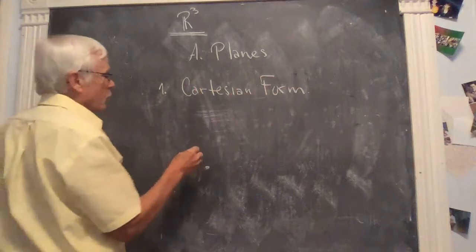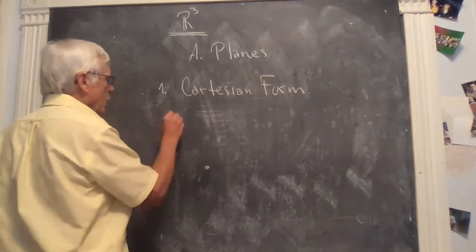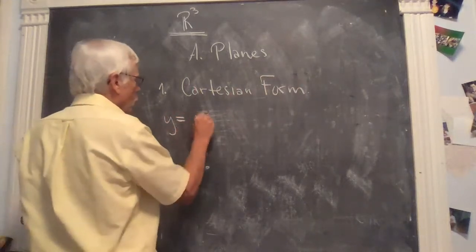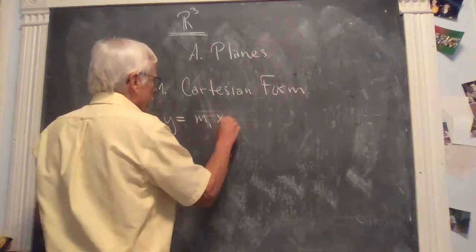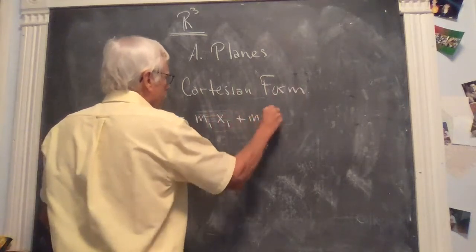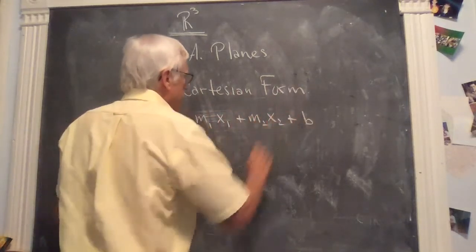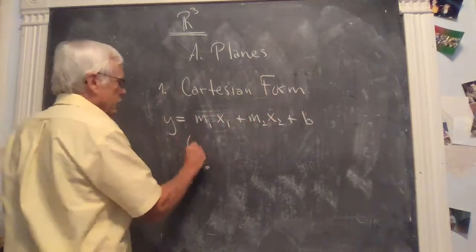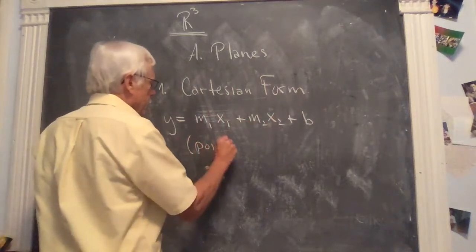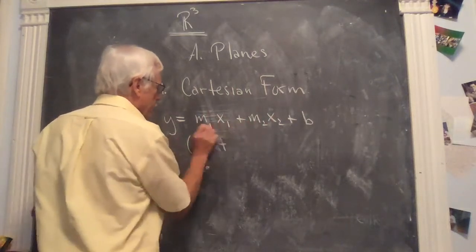And again, there are two. y equals m1 x1 plus m2 x2 plus b. This is the slope-intercept form again.